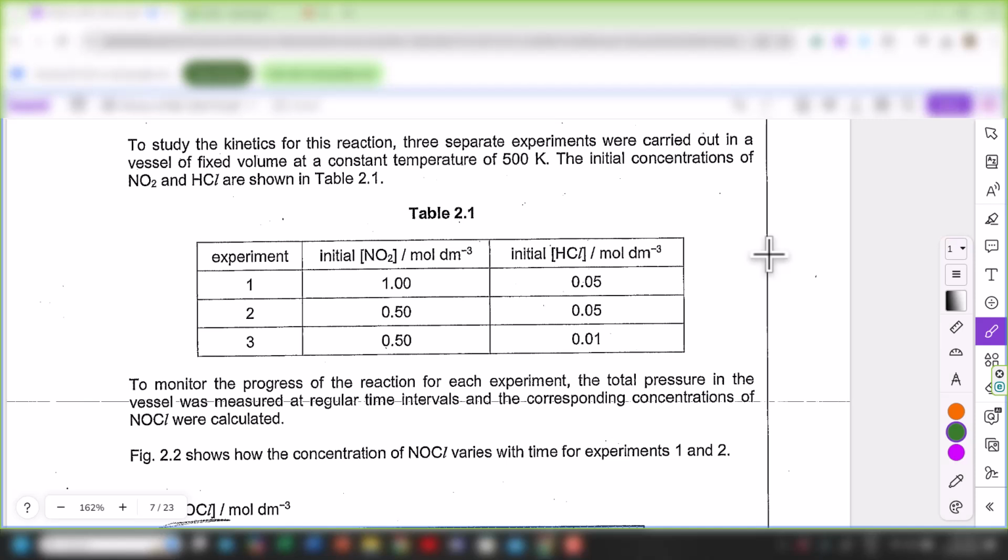It is done deliberately. Why is that the case? Because they want to make it a pseudo-order reaction with respect to HCl. So remember, we always want one of the reactants to be of a much higher concentration, so that the change in its concentration will not affect the rate significantly.